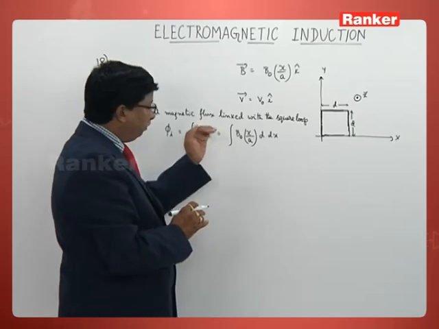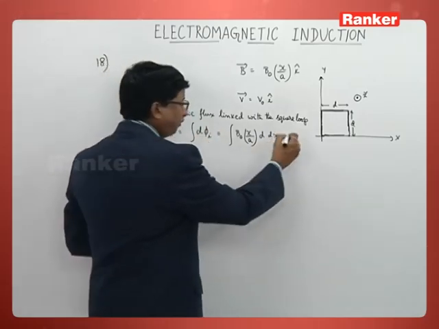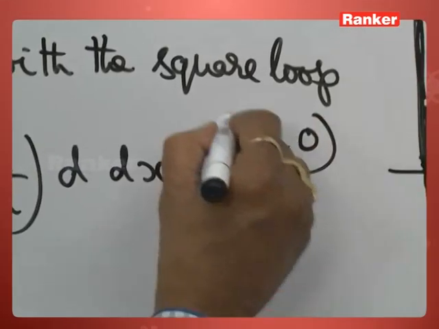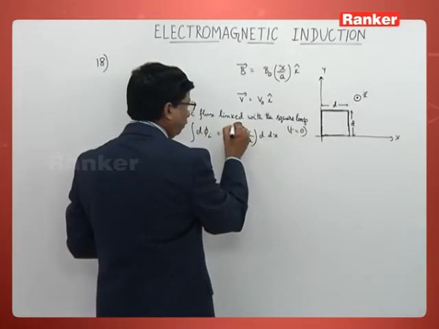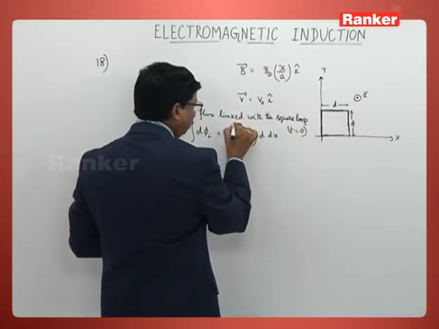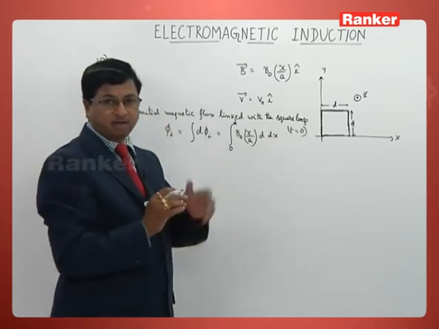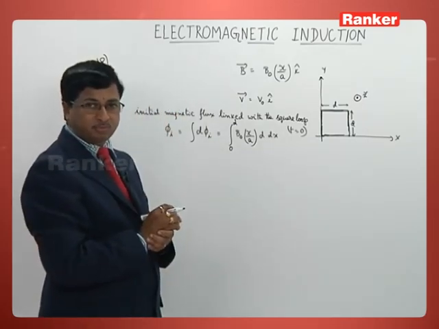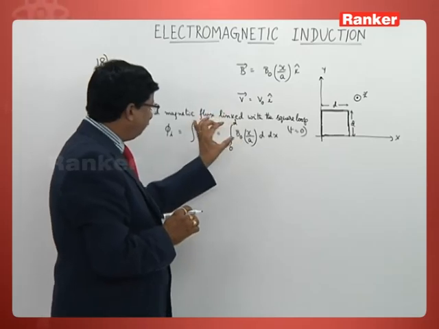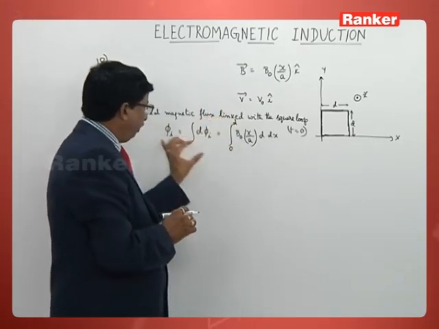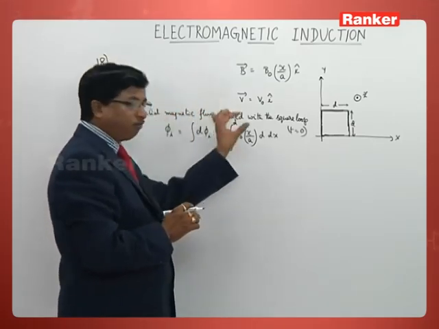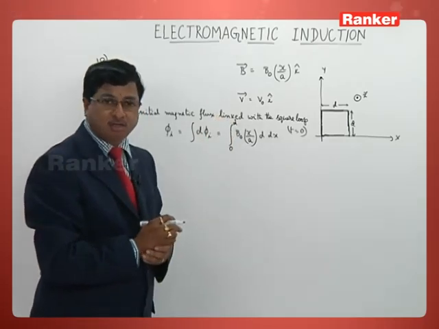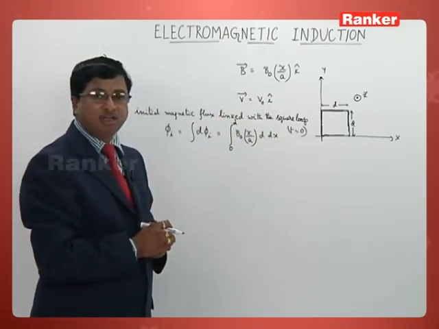But in between the limits what? This of course when t is equal to 0 we are talking about. Therefore 0 to the value of d we can write. So this is the value of phi I, that is initial magnetic flux that is linked with that loop which has been given in the form of a square.